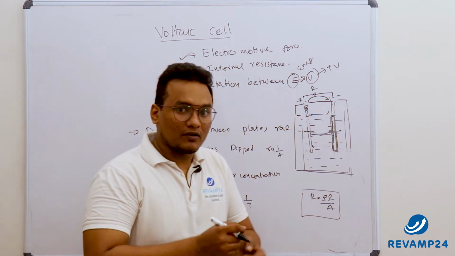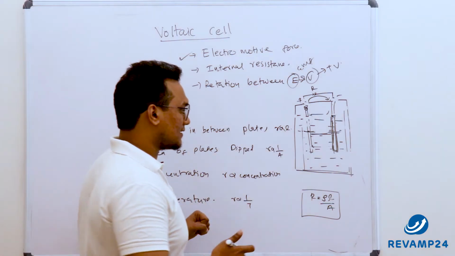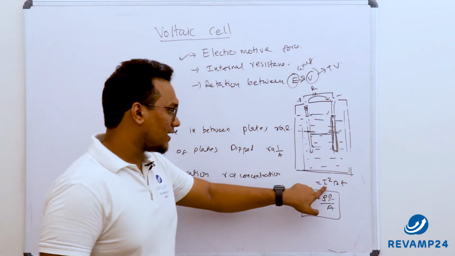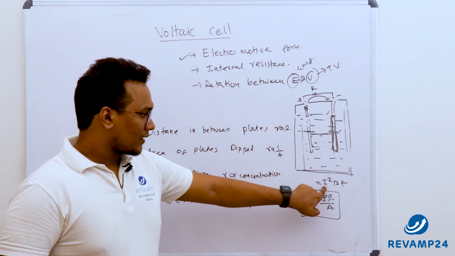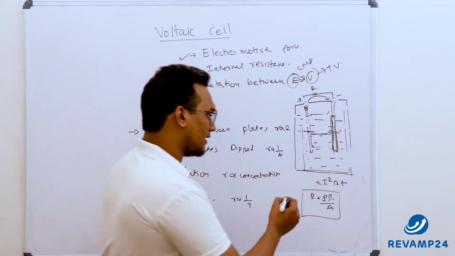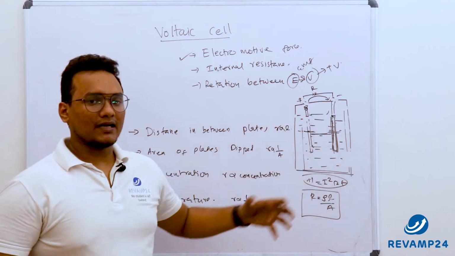But what will happen when internal resistance decreases? Current increases. When current increases, there is a power loss called I square RT. So the I square RT value will increase, which is nothing but heat dissipation. Now the heat dissipated by the battery will be more.